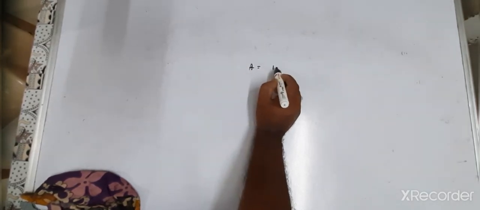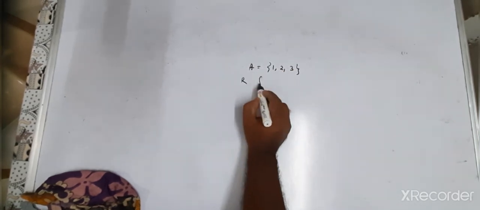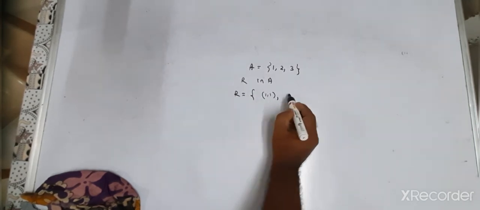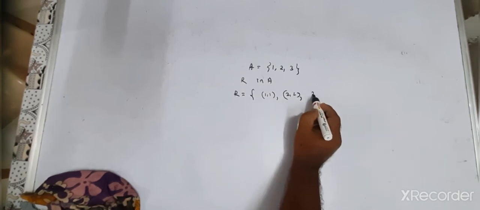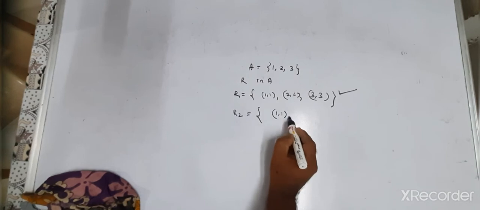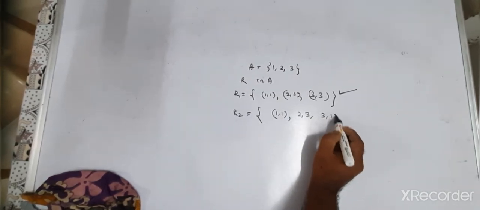So consider set A equal to say 1, 2, 3. A relation R in A, or you may say from A to A. So R equal to (1,1), (2,2), (3,3). So this is clearly reflexive. R2 equal to (1,1), (2,3), (3,1).